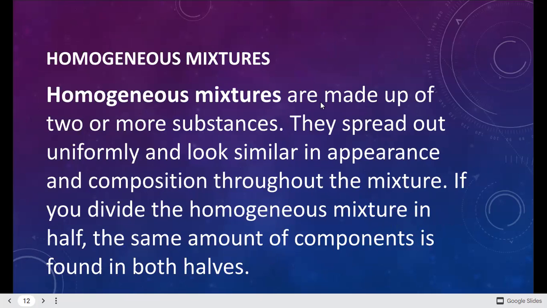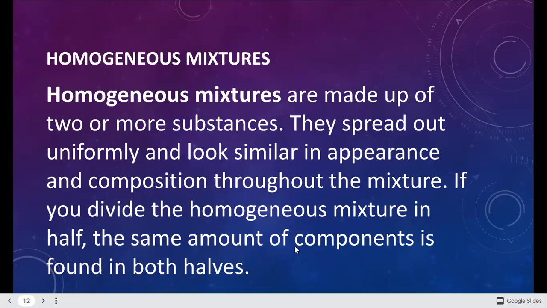Homogeneous mixtures are made up of two or more substances, same as your heterogeneous mixture, but they spread out uniformly and look similar in appearance and composition. If you divide a homogeneous mixture in half, the same amount of component is found in both halves.